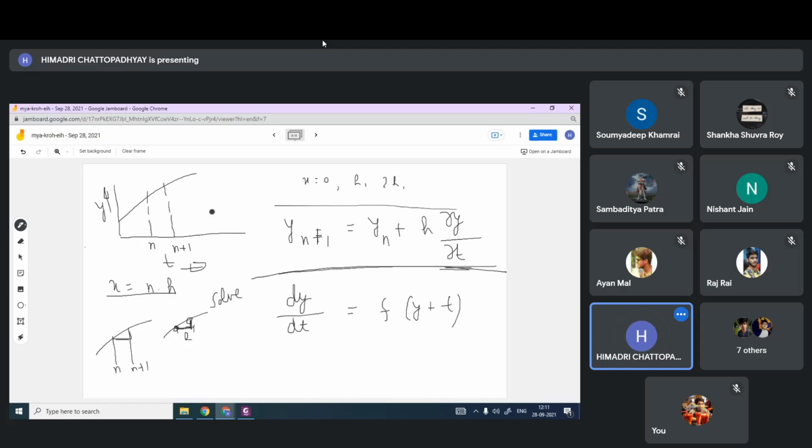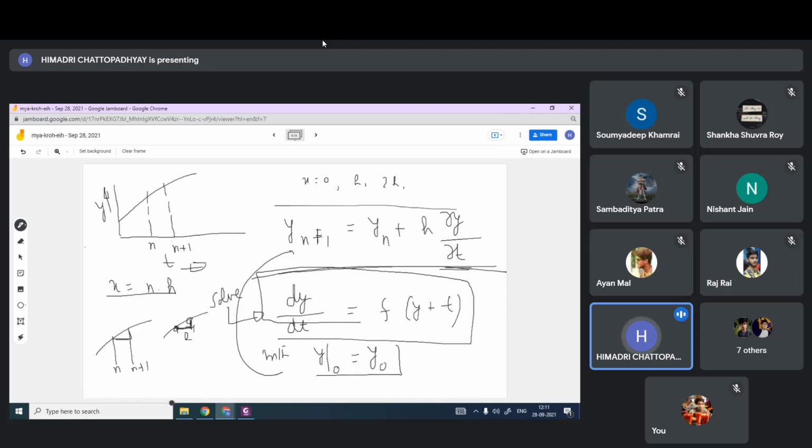Solve it with y at t equal to 0 known, y0. Then you can solve like this. You know this function, you can calculate it at y0, so this point you know. Then you go in small steps. That is really very simple.